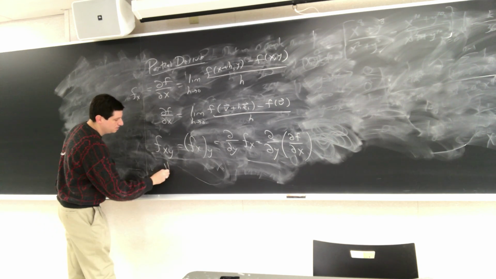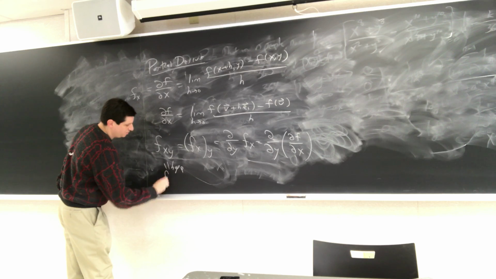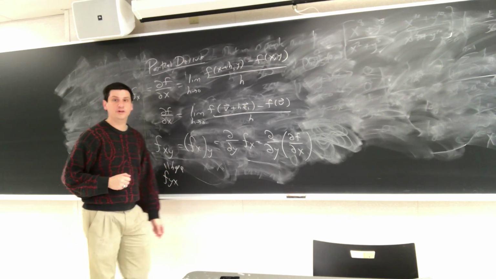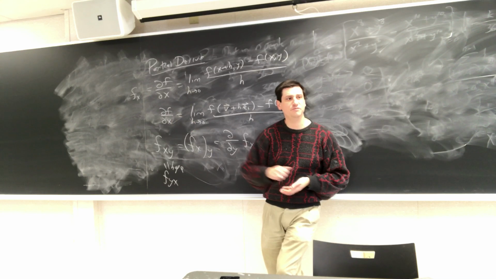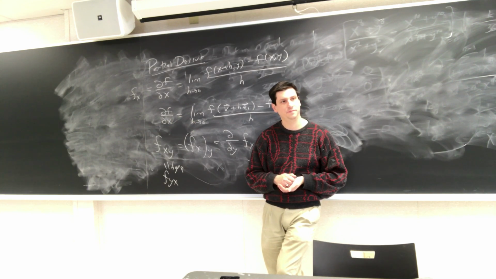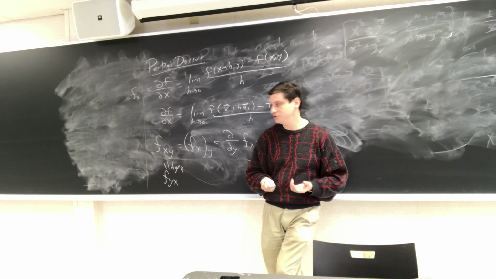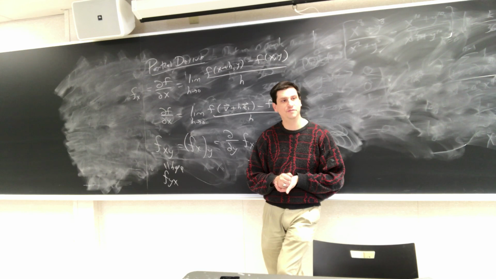You would hope that it would be the same as f sub yx, that the order in which you take the derivatives doesn't matter. Differentiate with x, then y, or y, then x, doesn't really matter which way you do it. Okay? Unfortunately, that's not always true. And that's why we have conditions in the book and theorems as to when you can switch the order of differentiation and have the result equal.